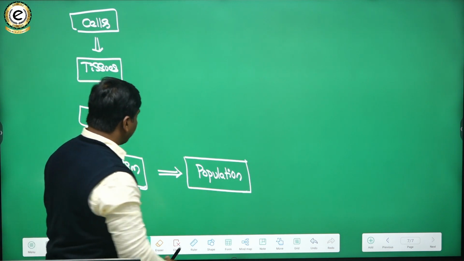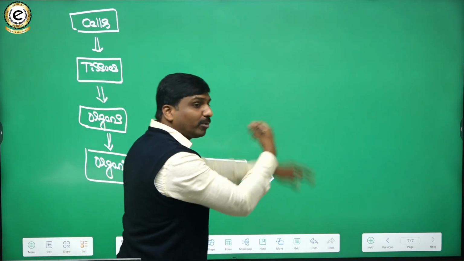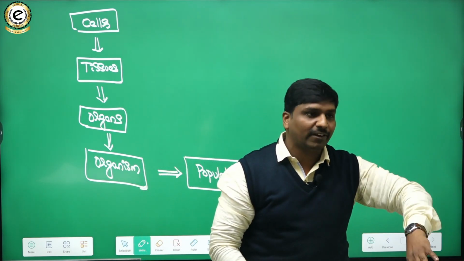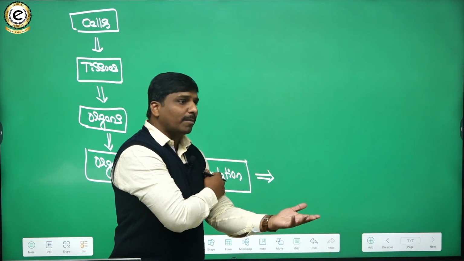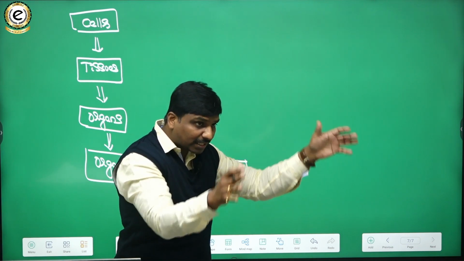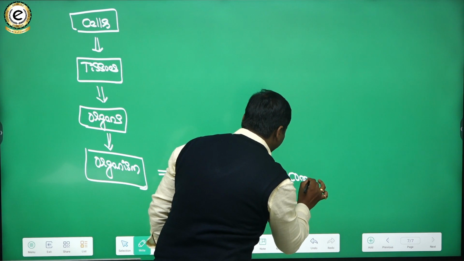Okay, and then at the next level we can have an assemblage of various populations: tiger population, deer population, elephant population, any other human population, dog population, cow population, an assemblage of various populations in a particular area. That is nothing but a community.